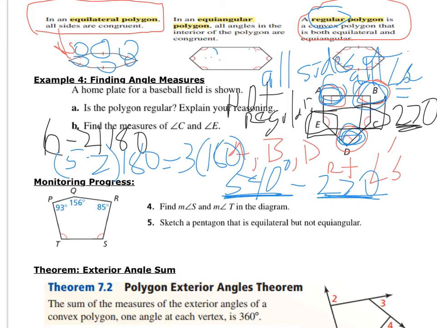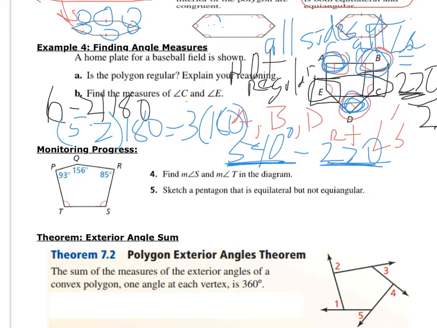Well, hopefully what you decided was that the 270 degrees that is left needs to be divided equally amongst E and C. And so, therefore, 270 divided by 2, right? I would divide that by 2, and that's 135. So angle C is 135 degrees, and angle E is 135 degrees.